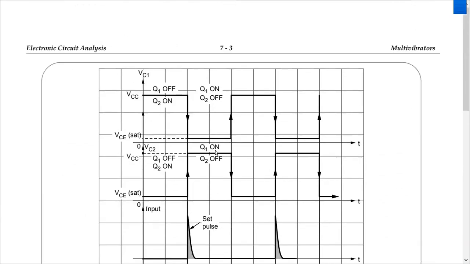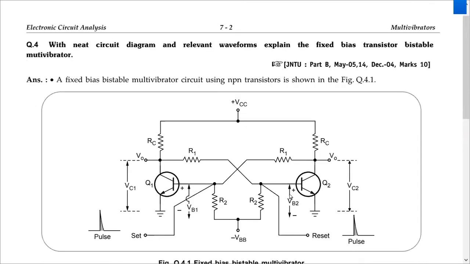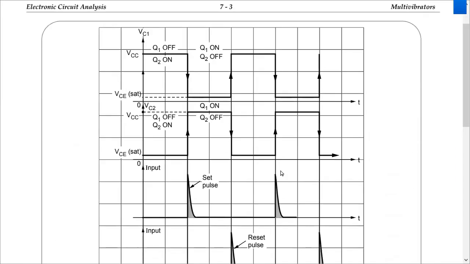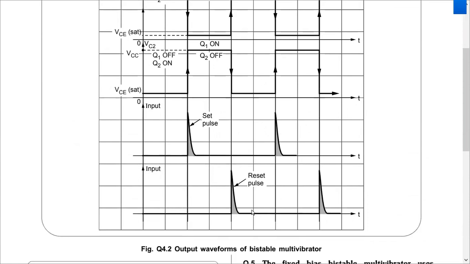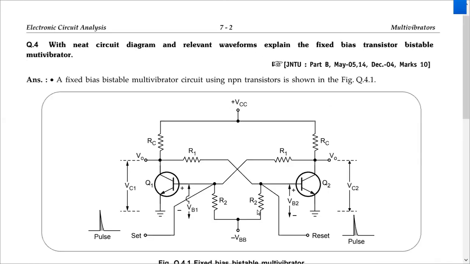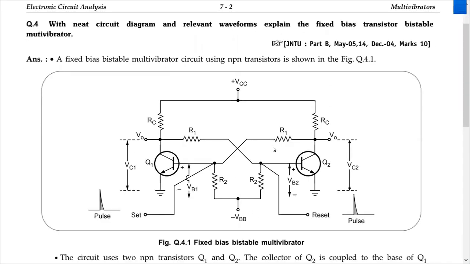In order to test the functionality of this bistable multivibrator, to change its state, we have to give a signal here. That is the reason we are giving reset high. So if we give set and reset alternately, the bistable multivibrator will change its state.